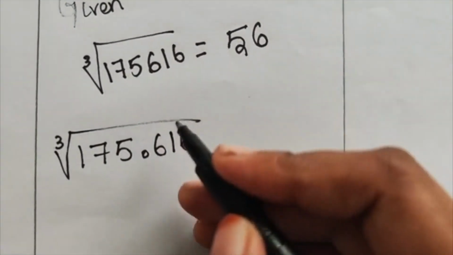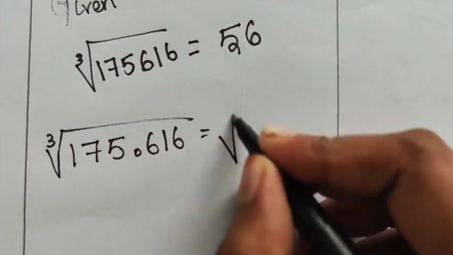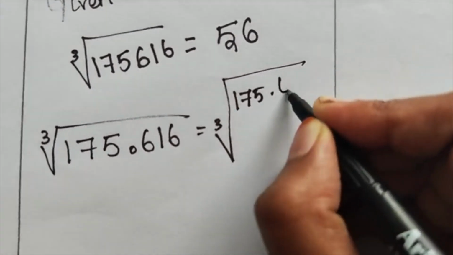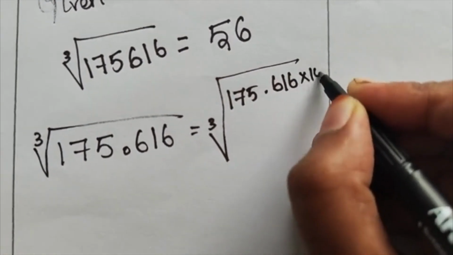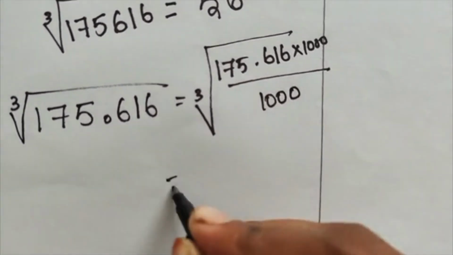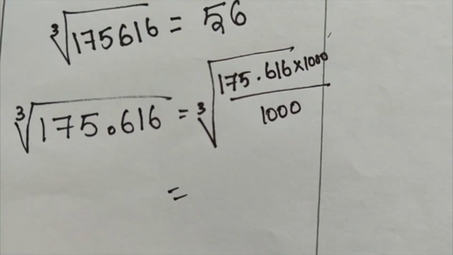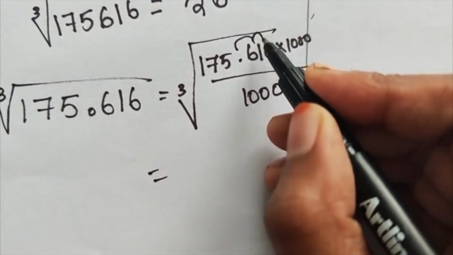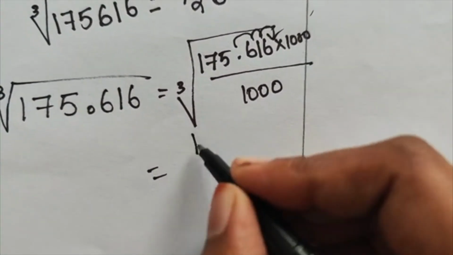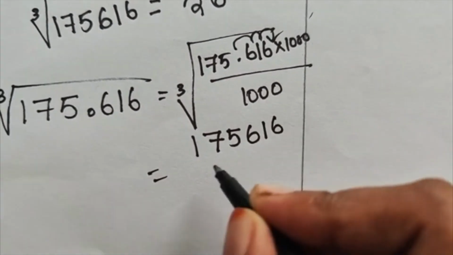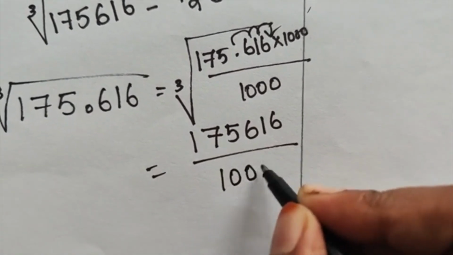We have 3 decimal places, which means we can multiply and divide this by 1000. So 175.616 into 1000 by 1000. The 1000 and 1000 get cancelled, so there is no change here. If it's multiplied by 1000, the decimal point moves 3 places, and we get 175,616 by 1000.